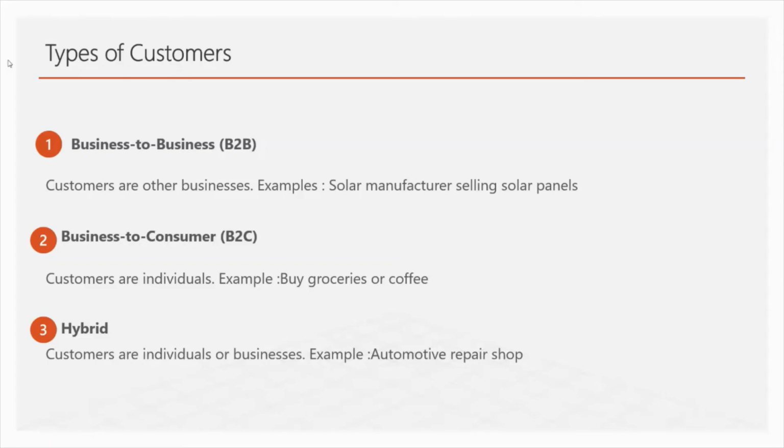Suppose there is an automotive repair shop. In this repair shop, they are buying some repair items or instruments from the manufacturer, or from sellers, and they are also providing services. So this is called a hybrid model.